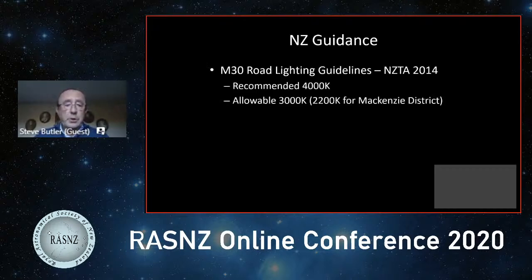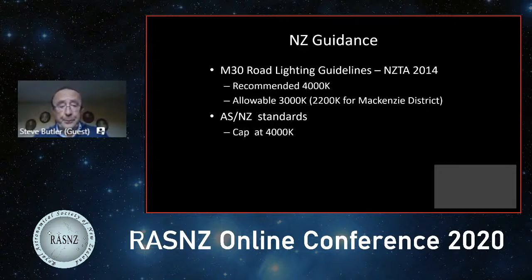In terms of New Zealand guidance, just a summary: New Zealand Transport Agency recommend 4,000 Kelvin, but will allow 3,000 degrees Kelvin. Mackenzie District, the dark sky reserve at Aoraki Mackenzie, has Mackenzie District Council approval for installing 2,200 Kelvin. So that was quite a breakthrough.